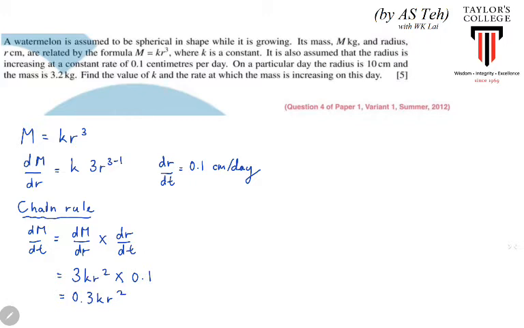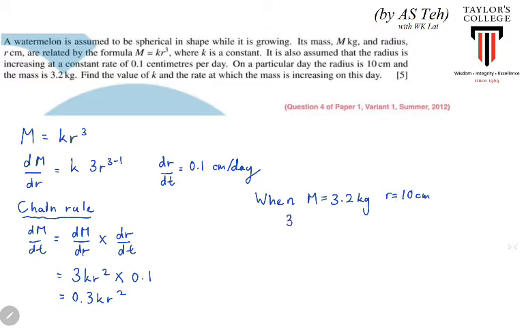We are also given some initial information: when the mass is equal to 3.2 kgs, the radius is 10 centimeters, so R is 10 centimeters. Based on this, I can find the value of K when I substitute it into the function of mass in relation to its radius.